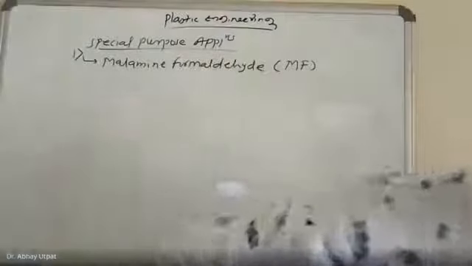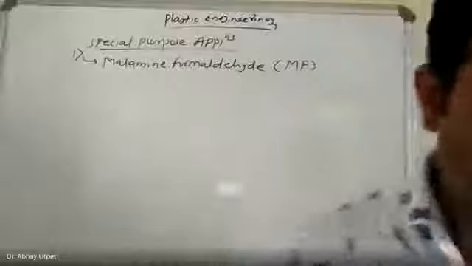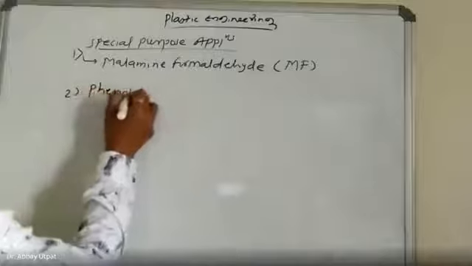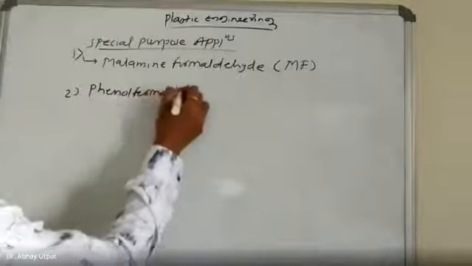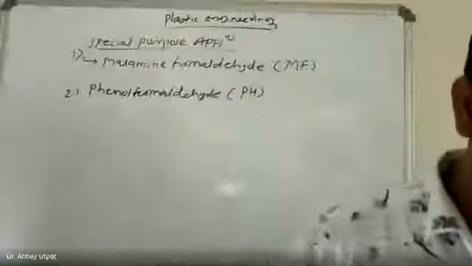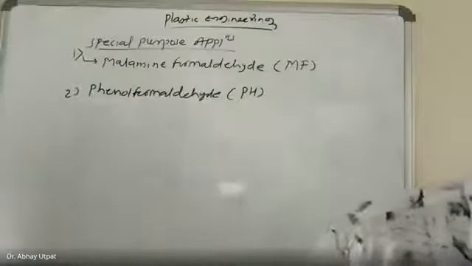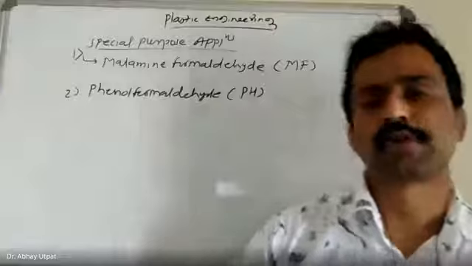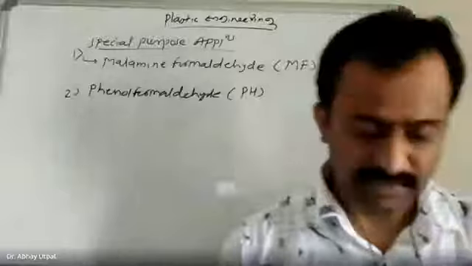Then phenol formaldehyde, PF. These are used for making thermal insulating foams because they are heat resistant and excellent fire resistant.